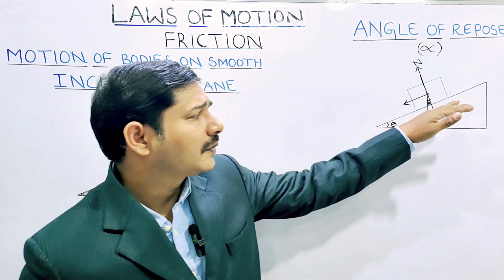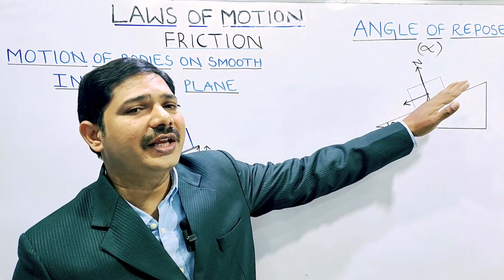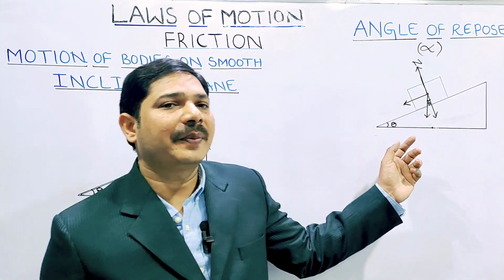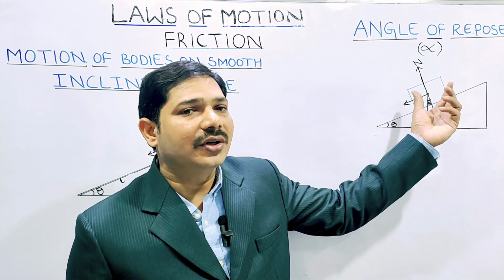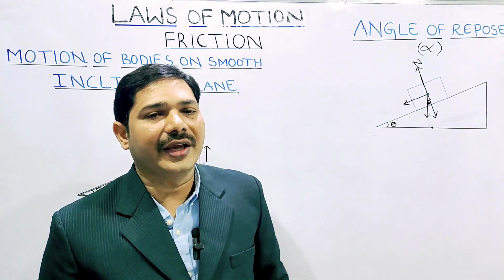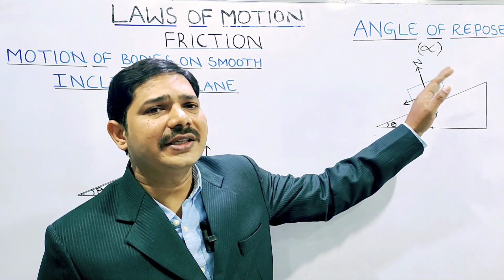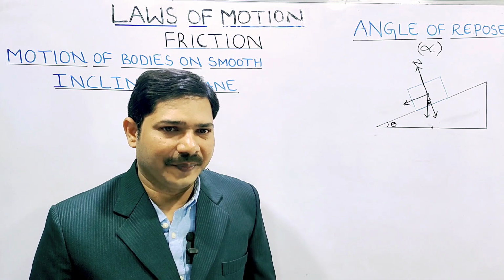Now the body is on the inclined plane, and we gradually increase the inclination. What happens at a particular time? The body on the inclined plane is ready to start. And if we increase the inclination more, the body slides on the inclined plane.